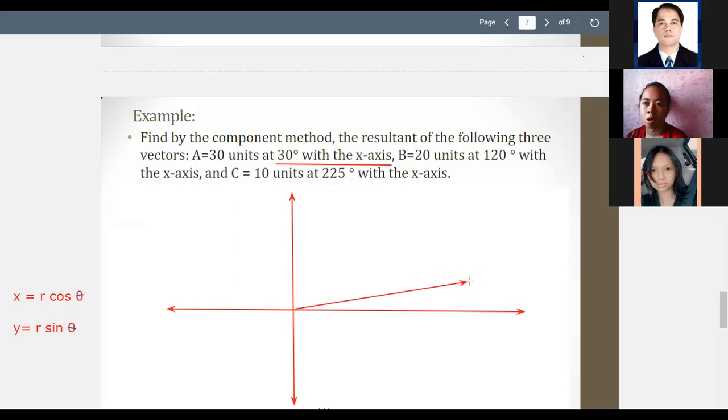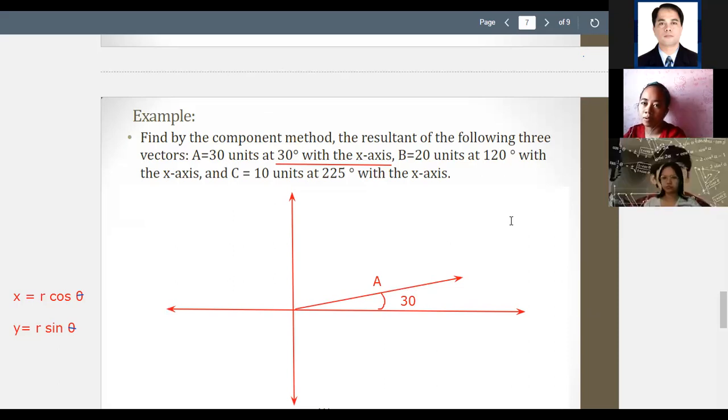Maybe a little bit longer than the other two vectors. And this angle is 30 degrees. We call that vector A, 30 degrees from our x-axis.